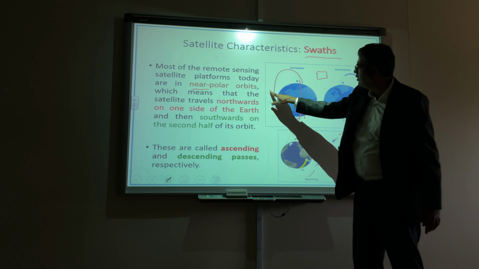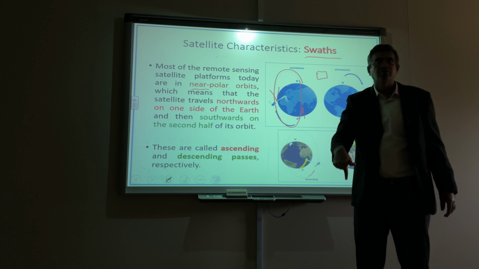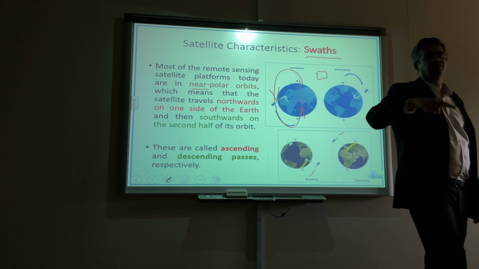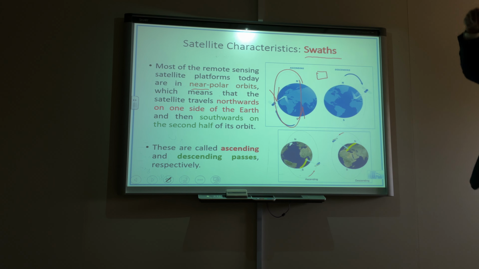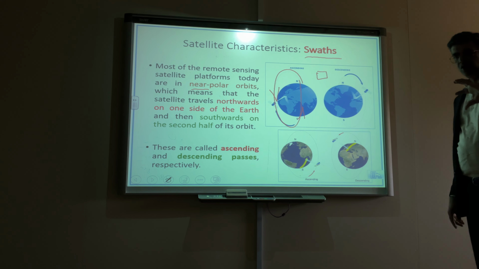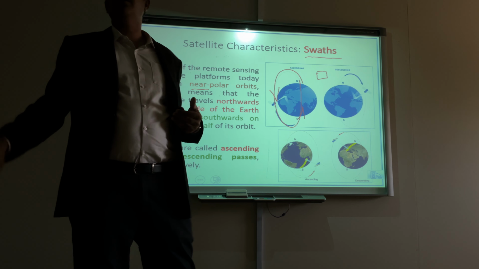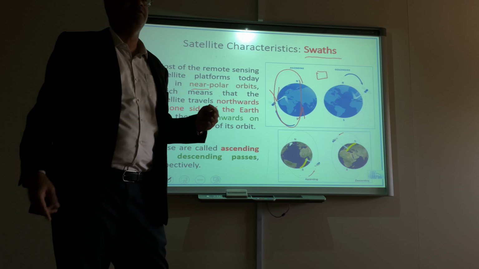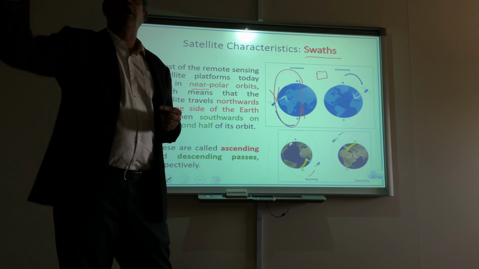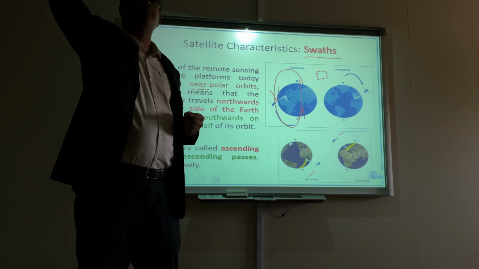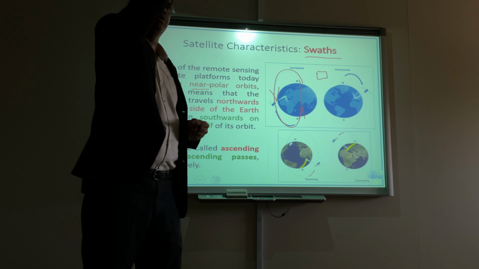So what it is doing? It is going down. So going down is descending. D for down, D for descending. Descending means to go down, ascending means to go up. So on one side you have the descending path, the other side you have the ascending path. Ascending path means satellite is moving from south to north, and descending path means satellite is moving from north to south.